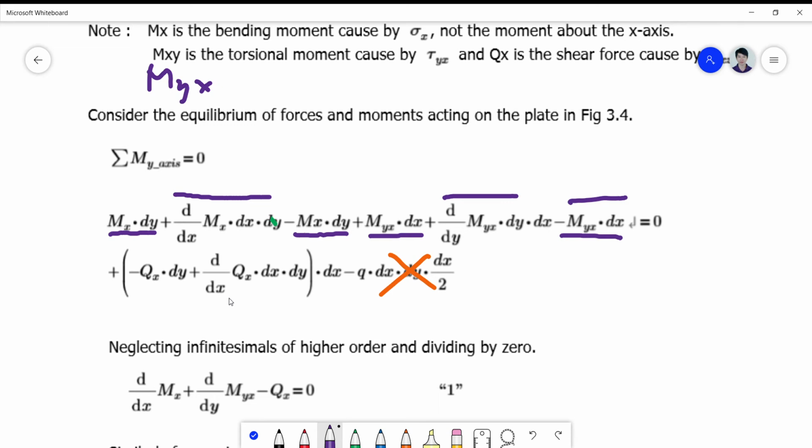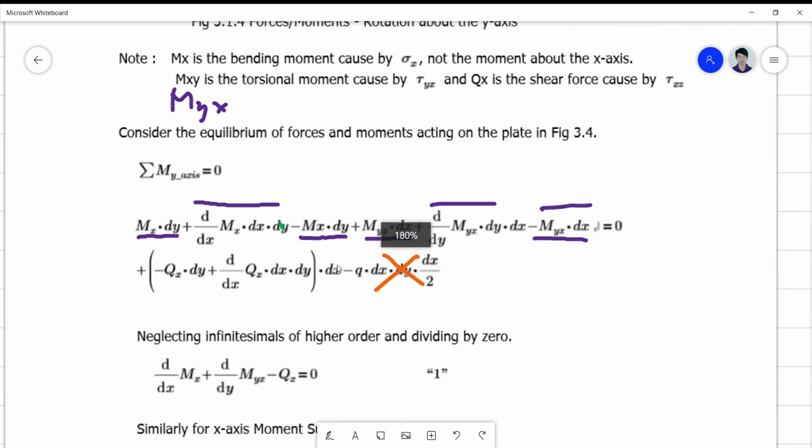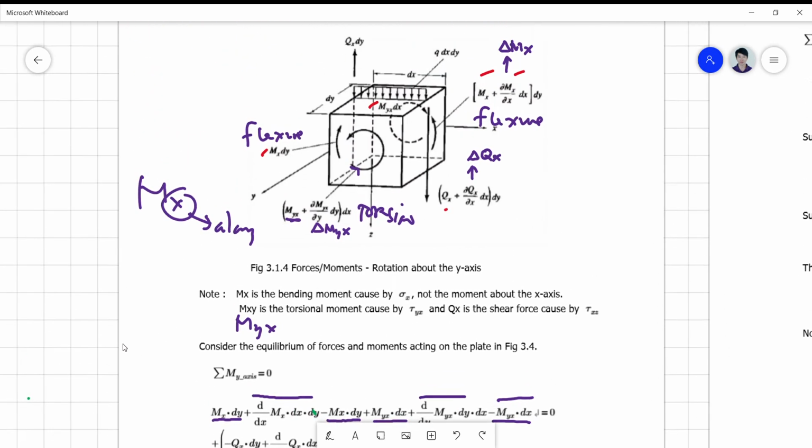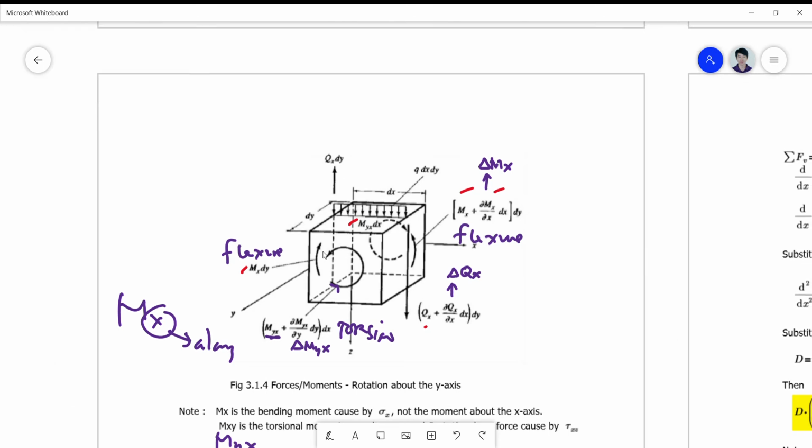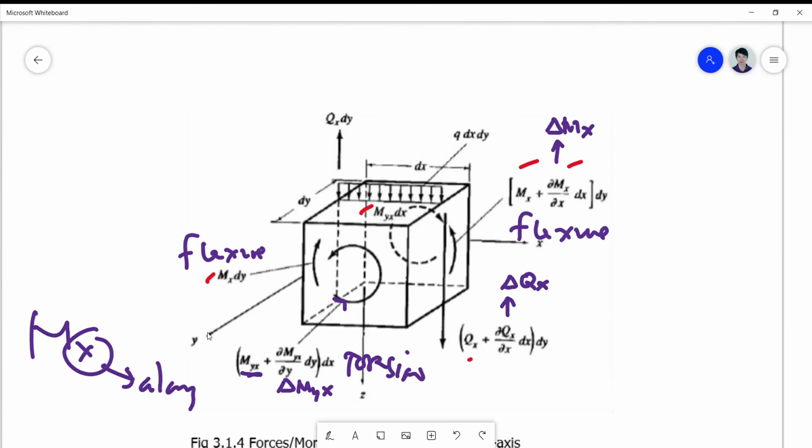delta Qx. The other Qx is actually acting along or crossing this axis, so this will actually be 0. So what will be the moment arm of your Qx plus delta Qx?